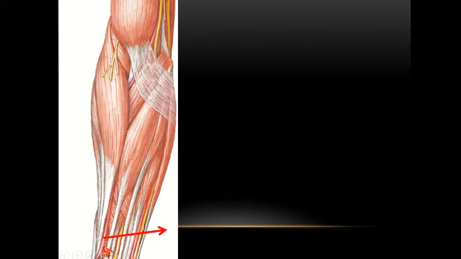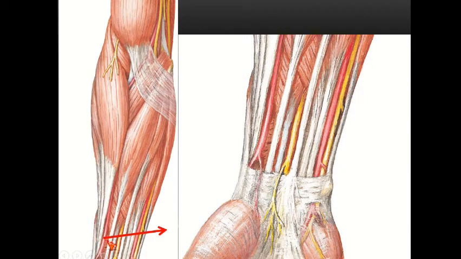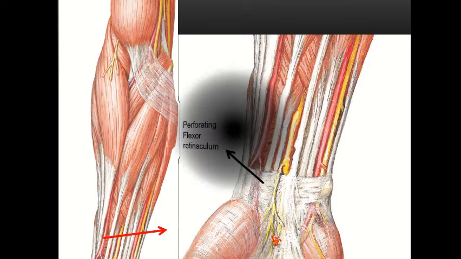So this is where we can find the radial artery pulse. In the close image, we can identify the radial artery over here. Then this tendon is nothing but flexor carpi radialis longus. This flexor carpi radialis longus perforates the flexor retinaculum and enters the hand region.